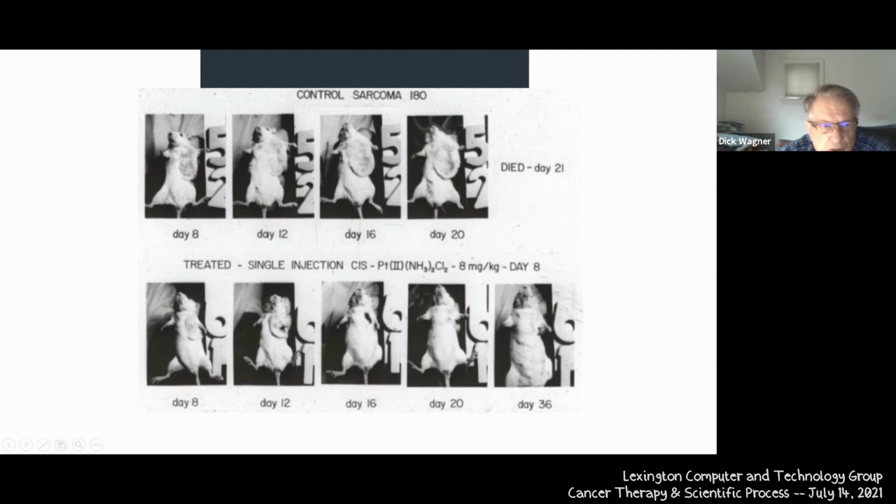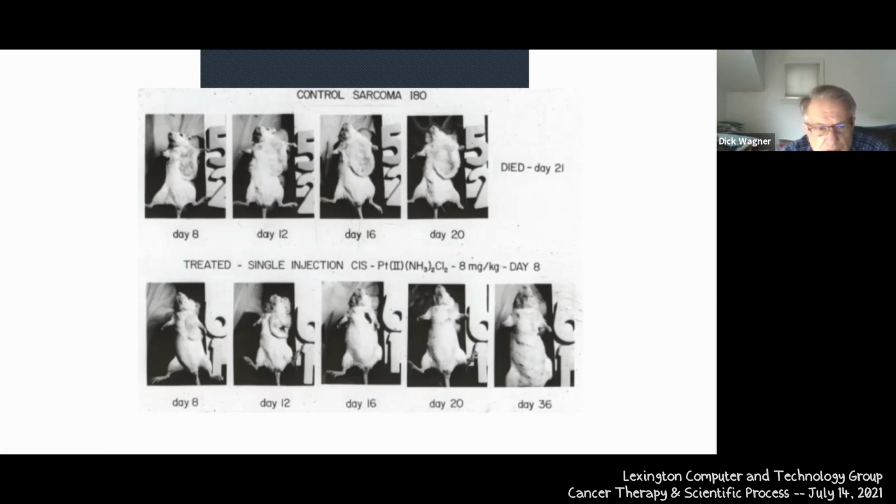Let's take this one. This is the control animal, and you can see on day 8, after the sarcoma was implanted in the peritoneal cavity, you can see it's growing. By day 12, it grows more. By day 16, it's even more. By day 20, it's really getting big. All of the animals in this cohort die within 20 to 30 days.